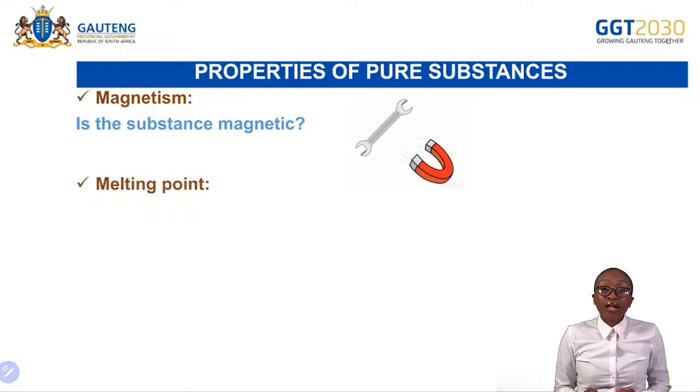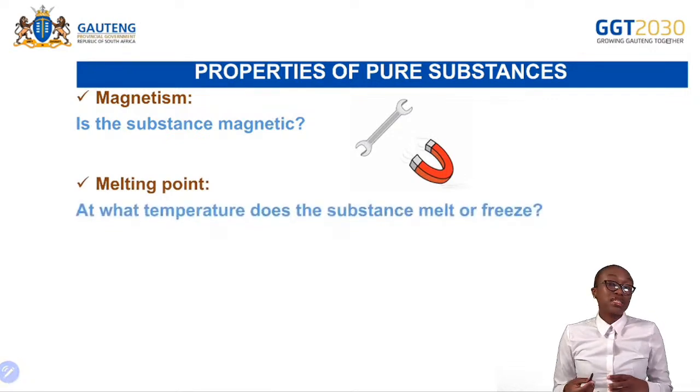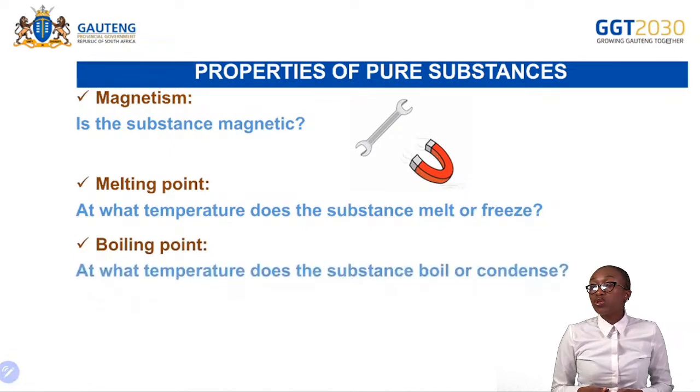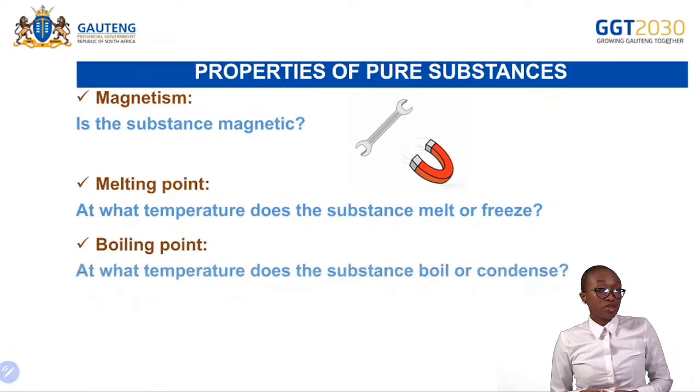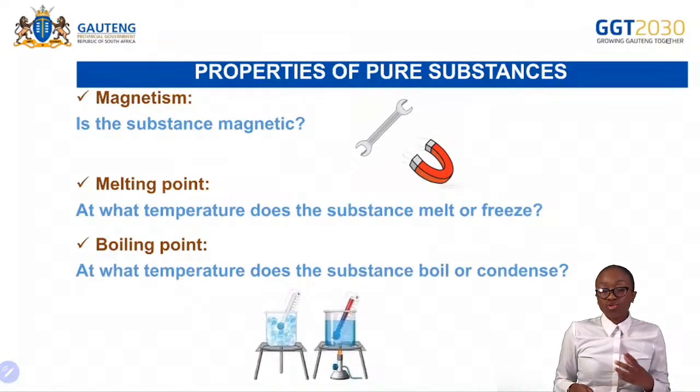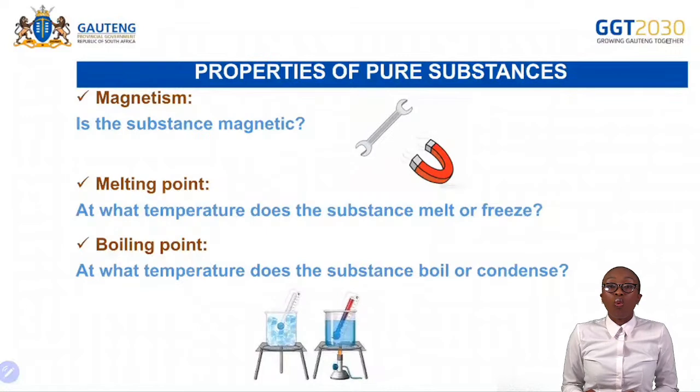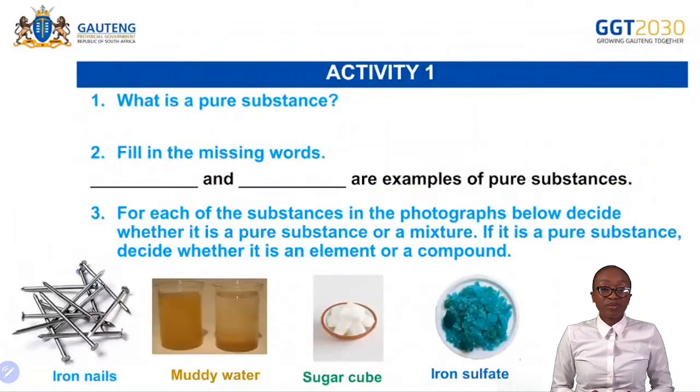Then melting point: at what temperature does the substance melt or freeze? Boiling point: at what temperature does the substance boil or condense? So these are some of the properties that we refer to when we are talking about pure substances.